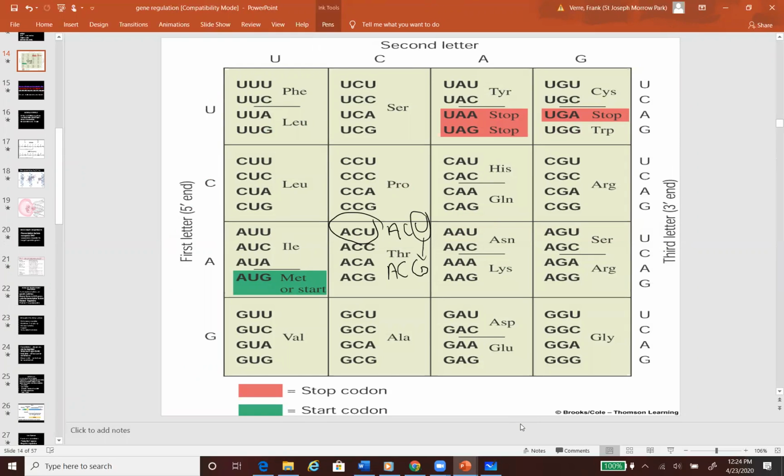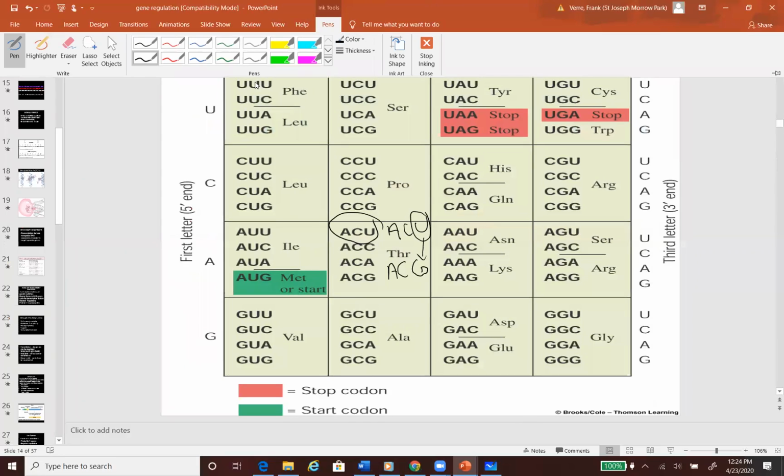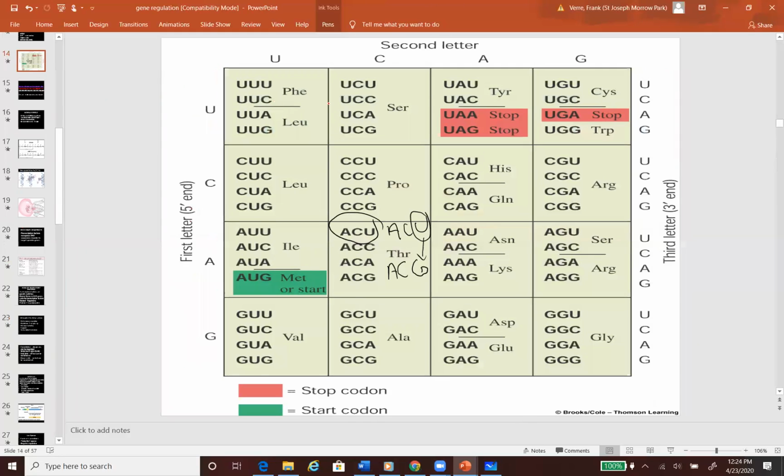Like for example, if I look at the code for serine, you'll notice that as long as it starts with U and C, the third letter actually is irrelevant. So if I have an mRNA sequence that is supposed to be UCU, but the third letter changes to UCC, I still get serine.